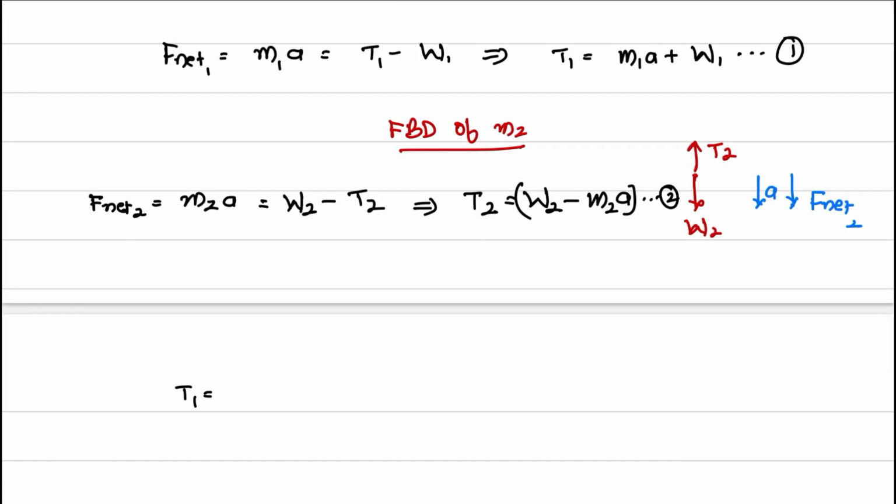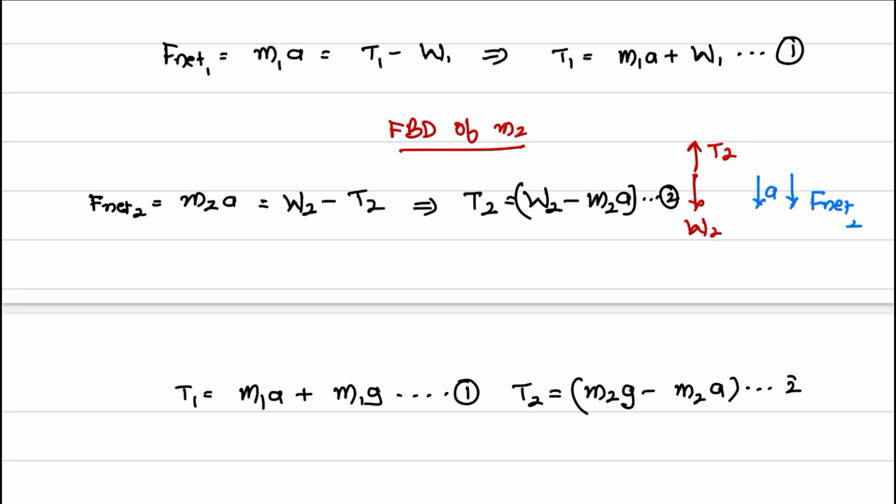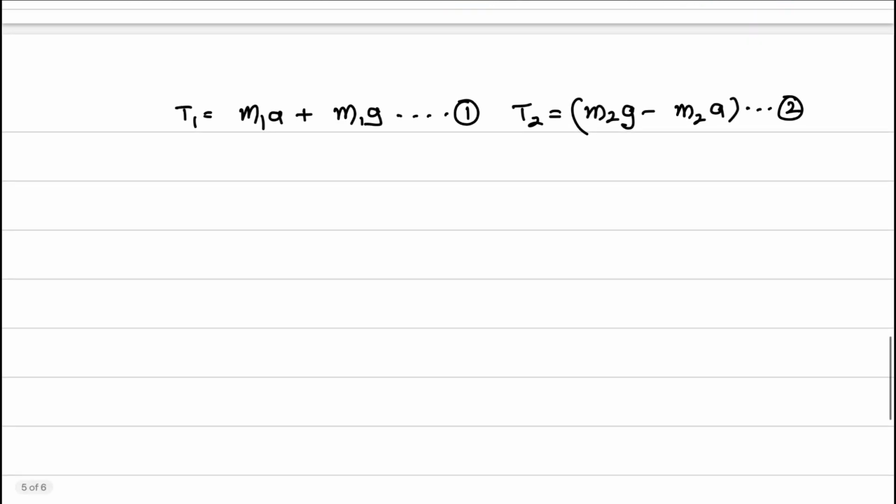This is the first step. You should not make mistake in this step. It's very, very important. T1 is equal to M1A plus W1, I can call it as M1G. This is equation 1. Then T2 is equal to M2G minus M2A. A we are not aware, M1, M2 we are aware, and G also we are aware. These are the two equations we got.